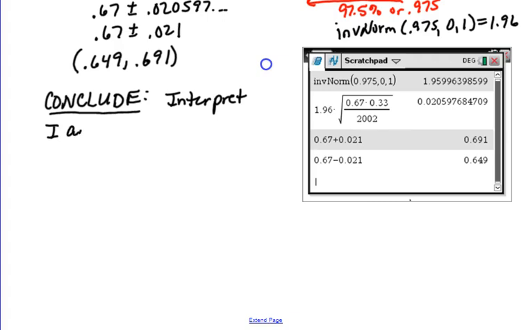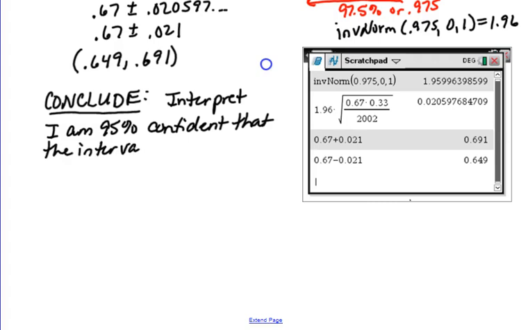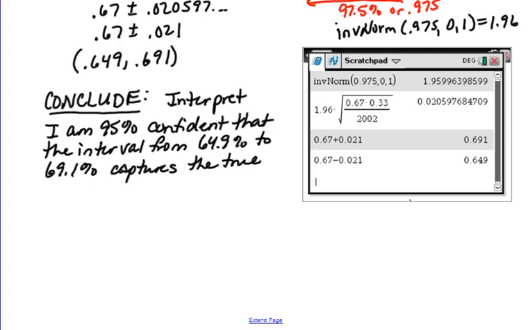So I will say I am 95% confident that the interval from 0.649, and you know, since it's in terms of percentage, it might actually be nicer to say from 64.9% to 69.1% captures the true proportion, or the population proportion.